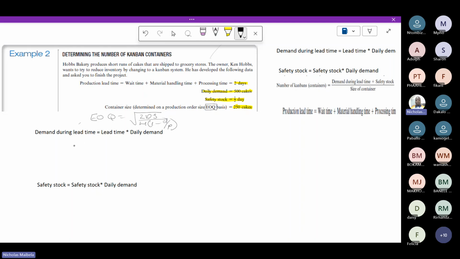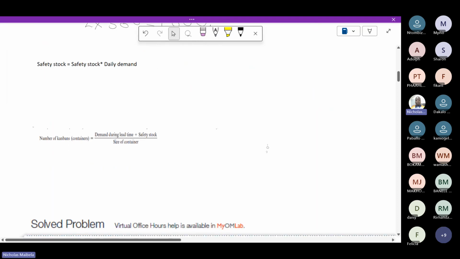The demand during lead time is your lead time, which is 2 multiplied by the daily demand of 500 cakes, which becomes 1,000 now. Then the safety stock of half days multiplied by demand: 0.5 multiplied by the daily demand of 500, and the answer is 250.